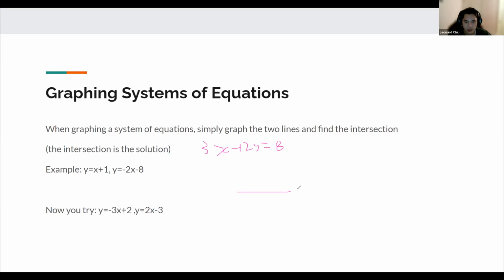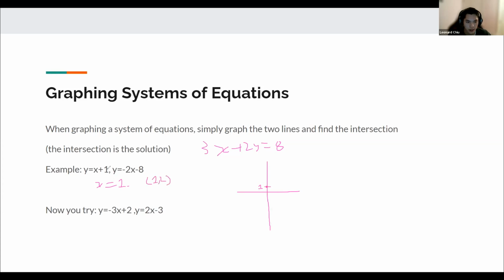y equals x plus 1. We know that the y-intercept for this equation is 1, so this right here is a point. We also know that if we plug in x equals 1, we get 1 plus 1 equals 2, so we get (1, 2).